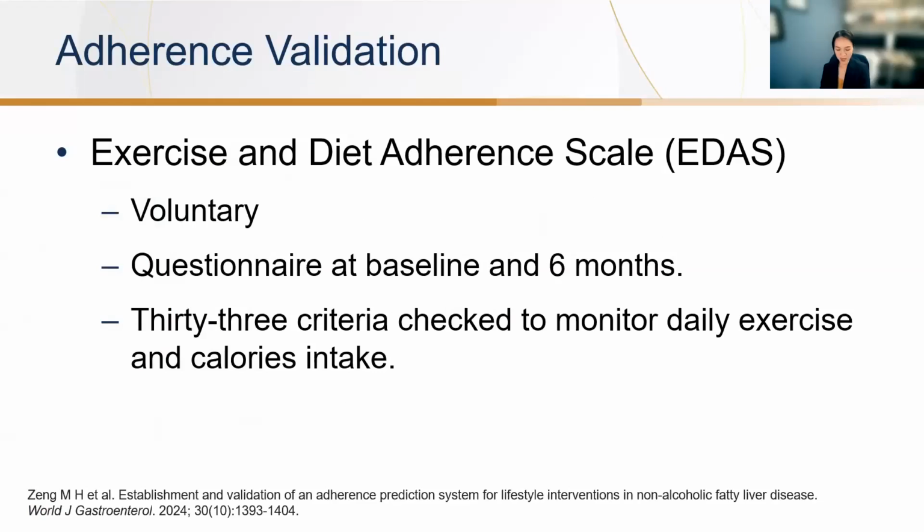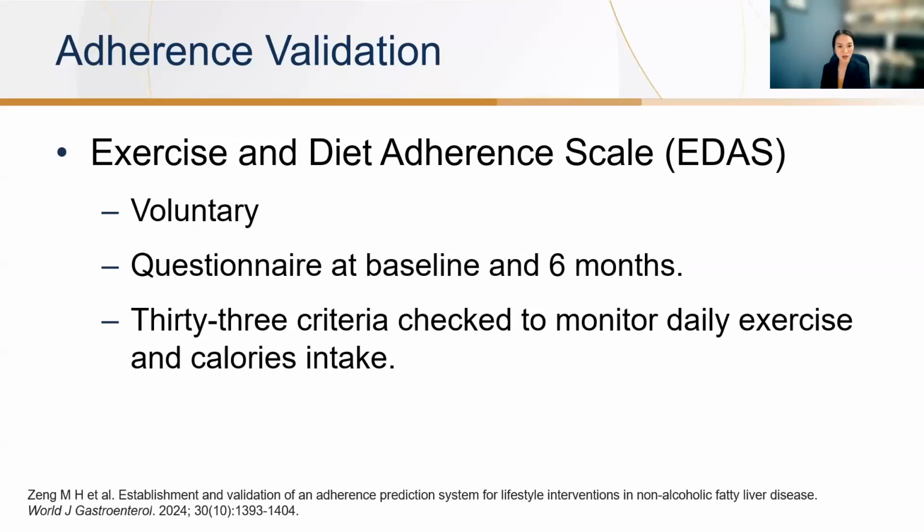So we are providers, we come from one culture. We don't know too much about other cultures, but luckily there are validated assessment tools that we can use when we see the patient as a baseline, and when we see the patient back in 6 months, we can use the same questionnaire to screen if they improved in their diet and exercise adherence.